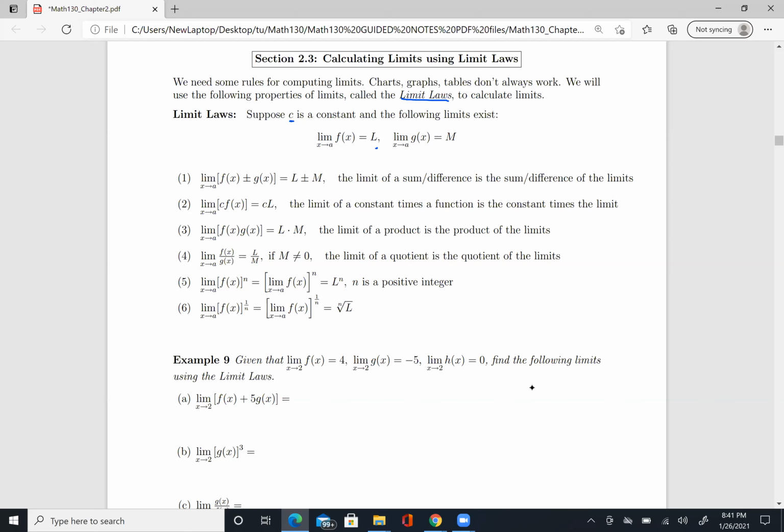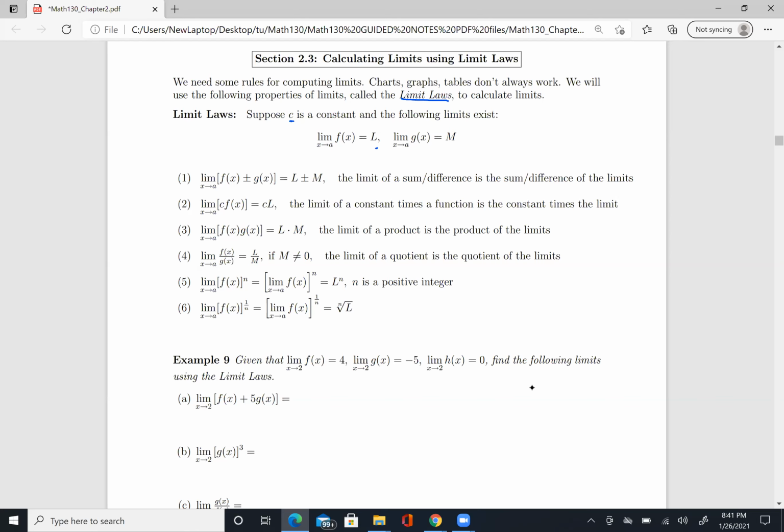And then the limit of f(x) over g(x) when x approaches a is equal to L divided by m, if m is not equal to 0. Okay, so this is the limit of a quotient.